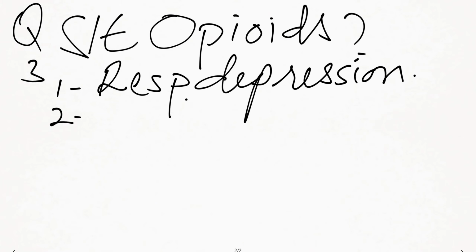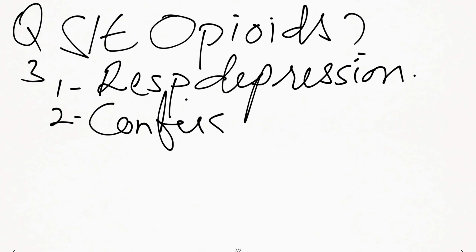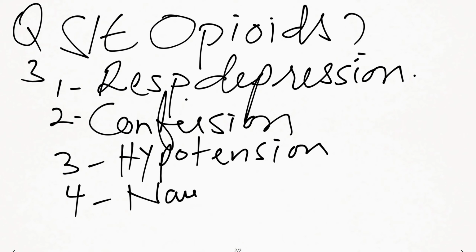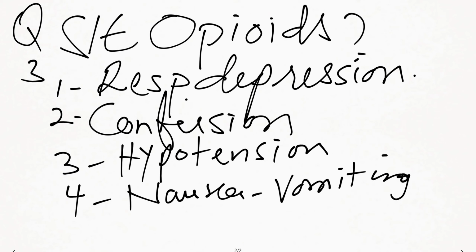Anyway, the second point of the side effects of opioids is confusion. If you can't remember any of them, the examiner will stop you. Number 3, hypotension. Number 4, nausea and vomiting if you want. And pinpoint pupil.